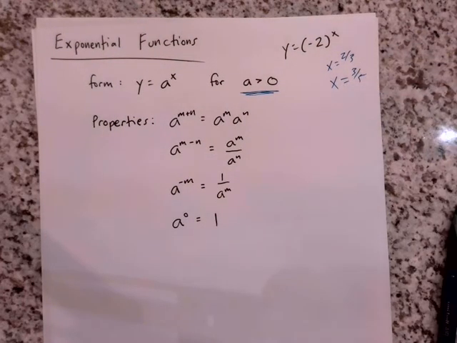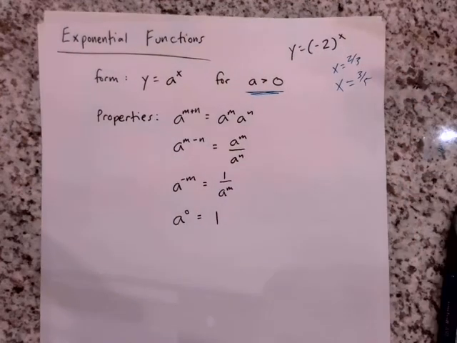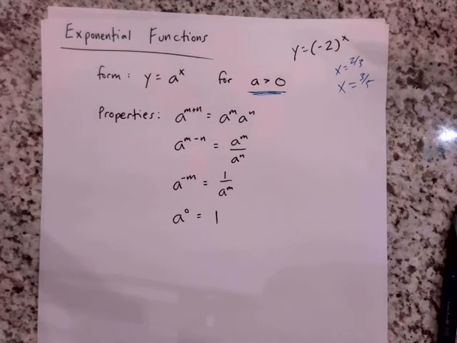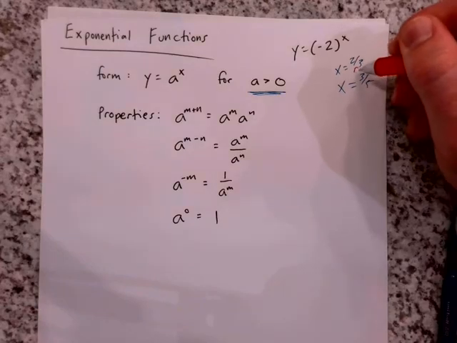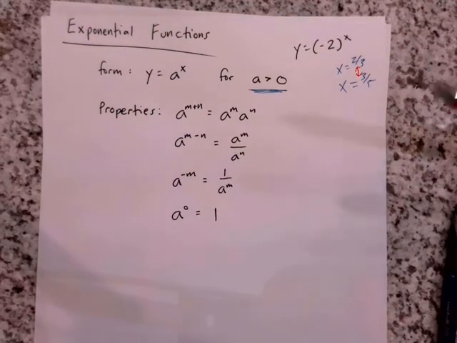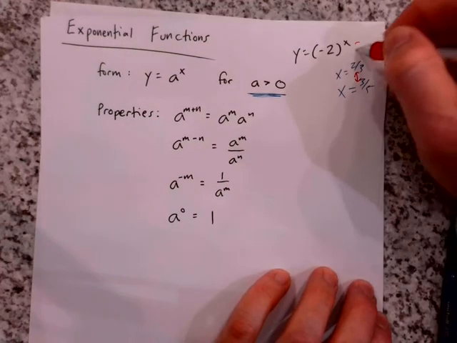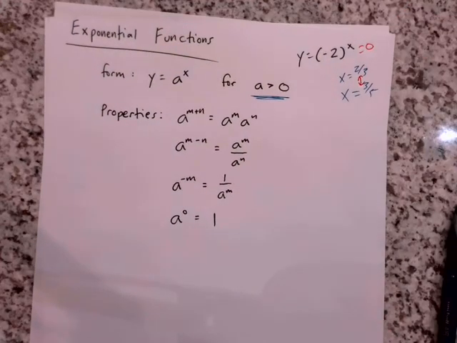So this gives you a positive answer when x is 2/3. When x is 3/5, everything's odd, so negative 2 to the 3/5 power is negative, because when you raise a negative to an even power it goes positive, and a negative to an odd power stays negative. So real fast it went from positive to negative between 0.6 and 0.66666, but it never equals 0. This function will never equal 0.